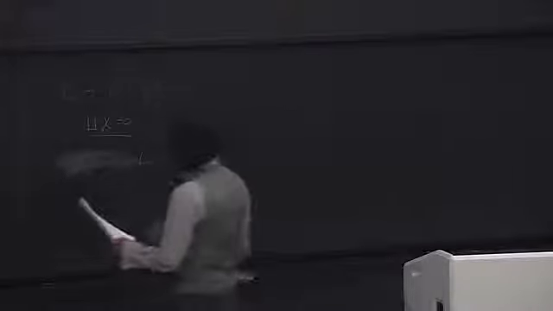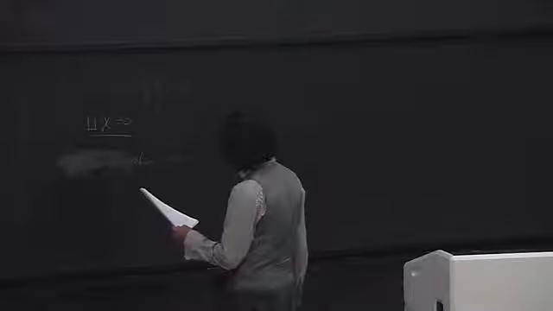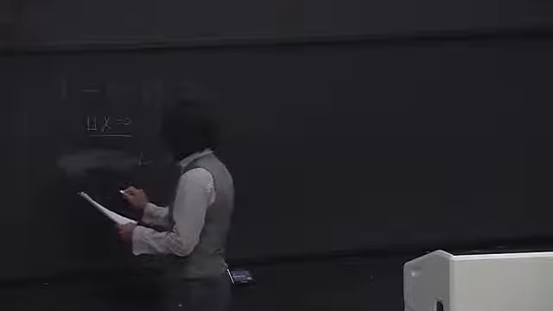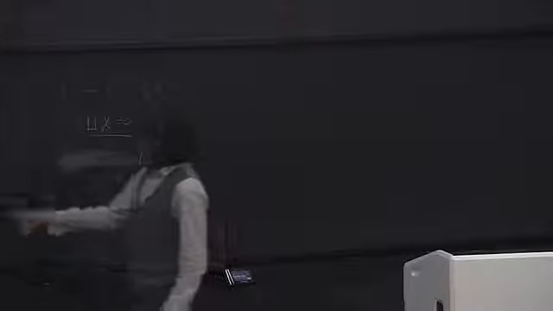So this means that if chi is going to satisfy this equation, chi has the form e to the minus ikx, where this k is the same as this k.